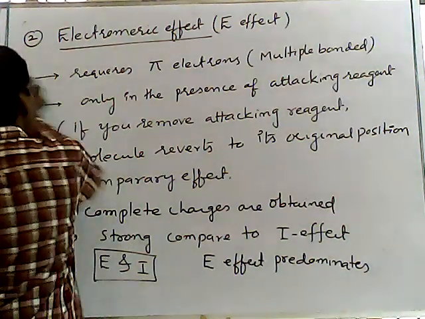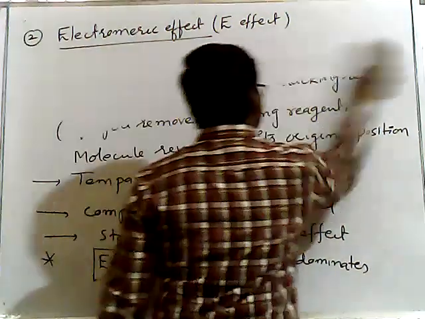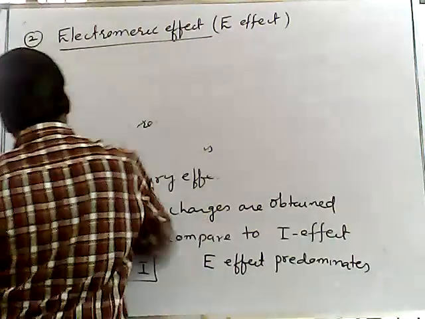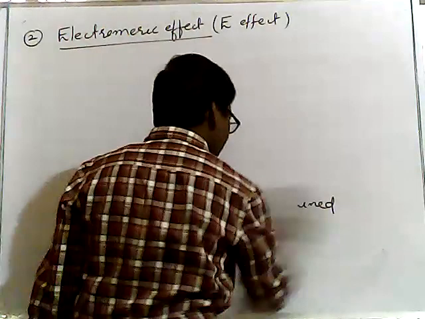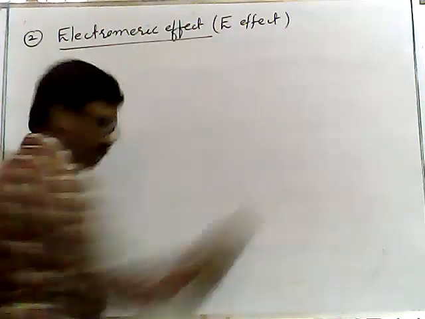Before that, I'll give the statement related to the electromagnetic effect. The electromagnetic effect is also one of the polar effects, so here also polarity is produced in the molecule.